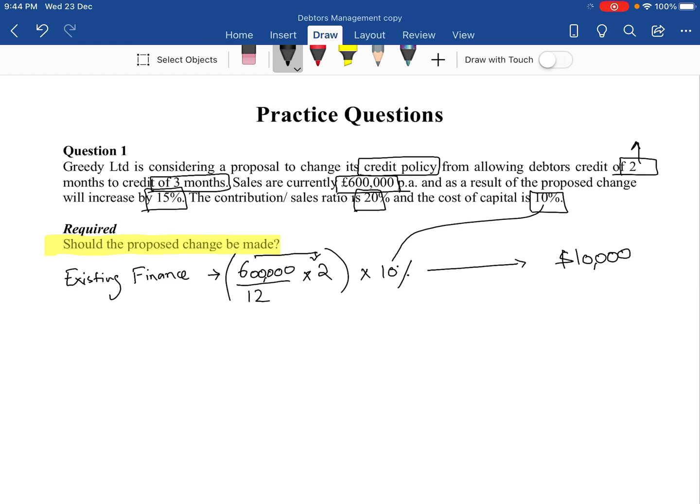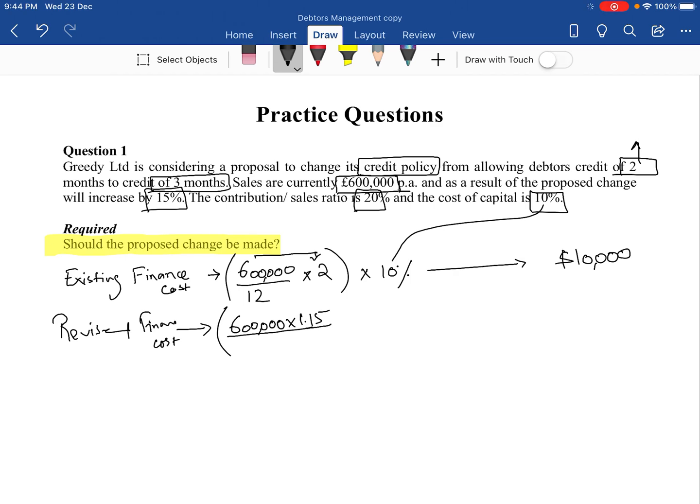Now let us calculate the revised finance cost. For that, we need to find out the revised account receivable figure. The existing sales are 600,000, and it is going to increase by 15% as a result of the change in policy.